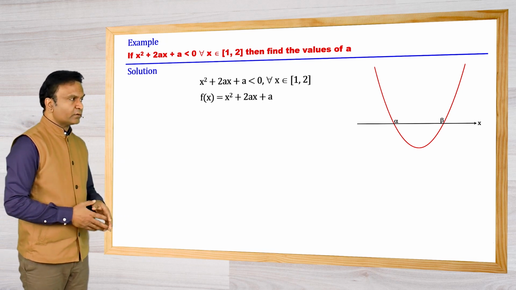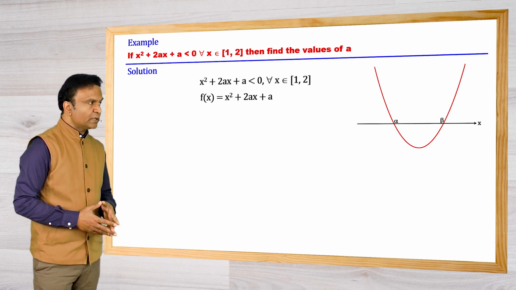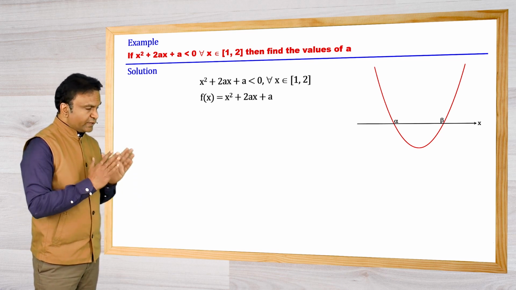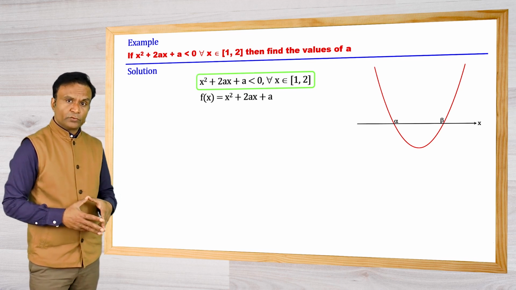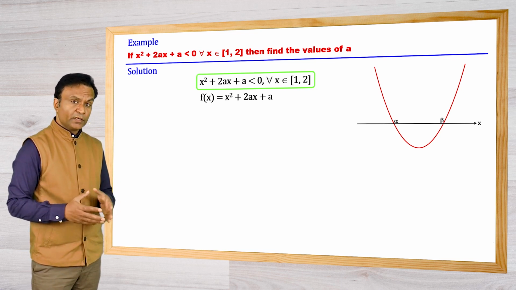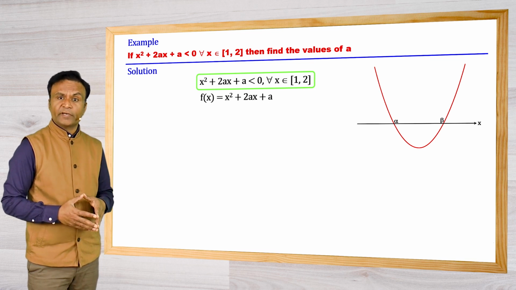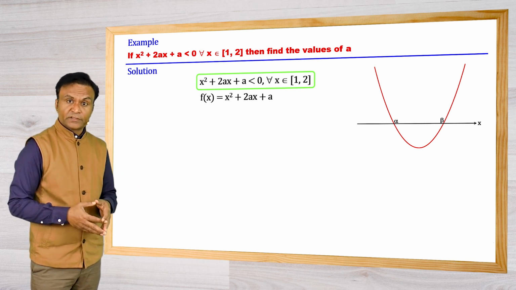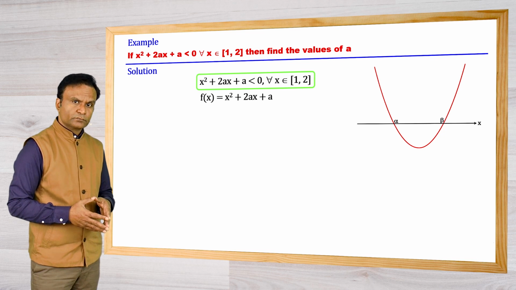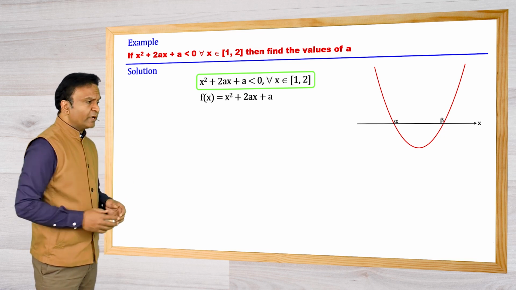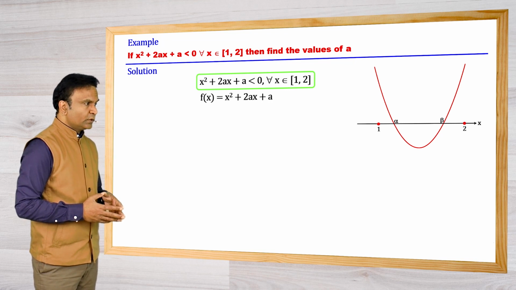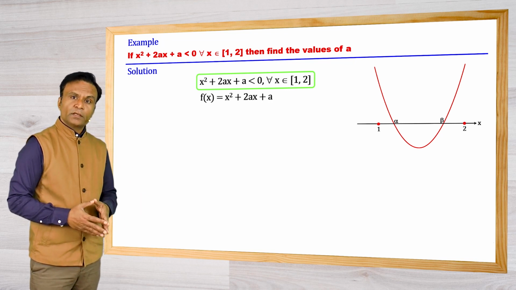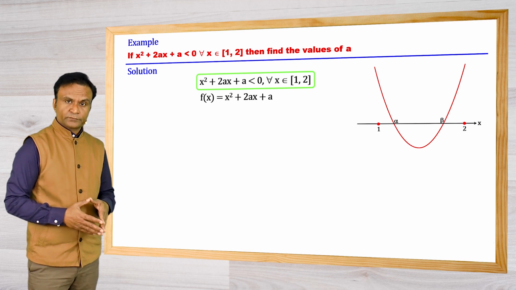Now again focus on the question. This function is negative for all x belongs to (1, 2). So here the location of 1 and 2 on the x-axis is important. Let me put 1 and 2 here. Now tell me, is this possible?